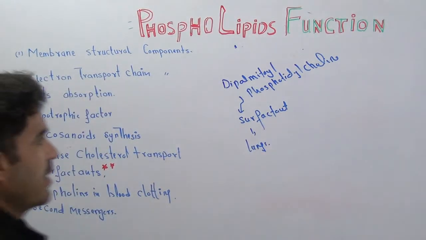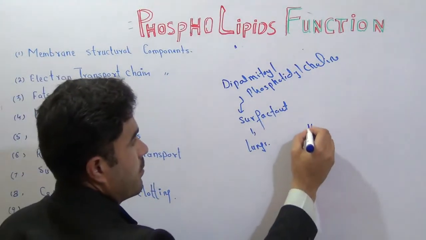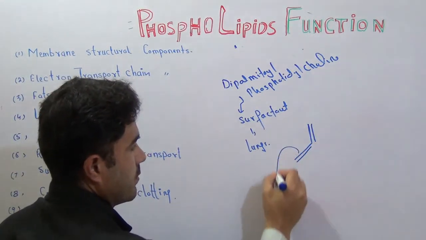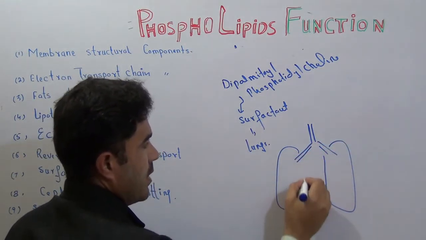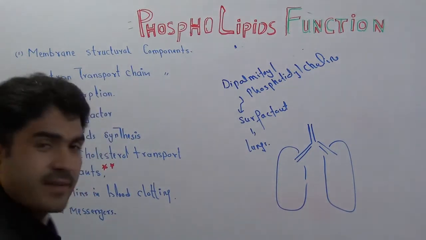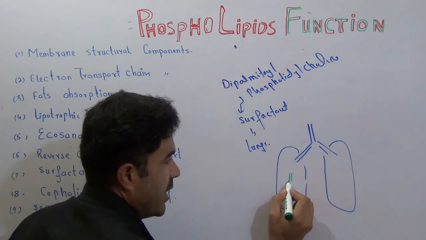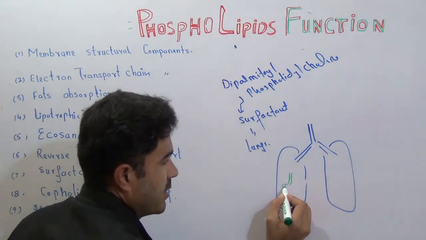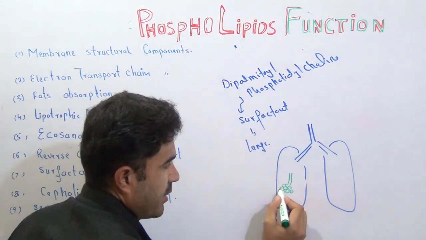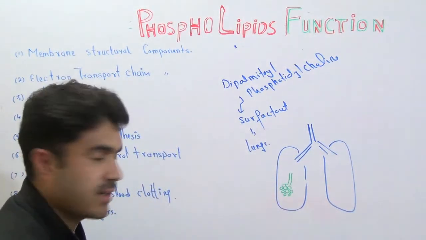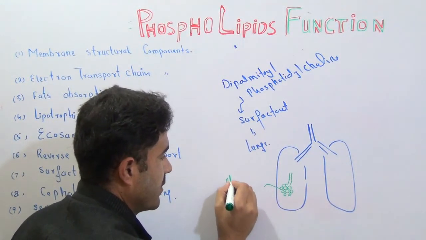You know very well that in our lungs we have a structure like this, and when you go inside the lung, you will find small tubules, and with these tubules you will find small sac-like structures. Within the sac-like structures you will find more small sac-like structures. These are called alveoli.